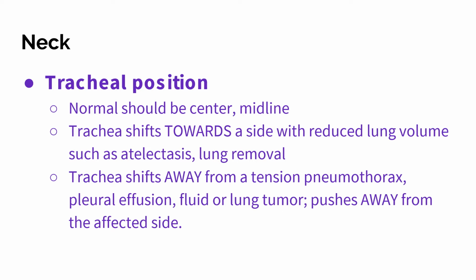So if you have a tension pneumothorax on your right lung, it's going to push everything towards your left side. So your trachea is going to be pushed to your left side, because that tension, that pressure, is pushing everything to the left side. And that can also occur with a pleural effusion or a tumor.